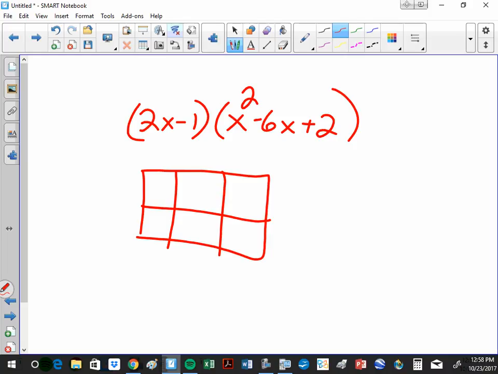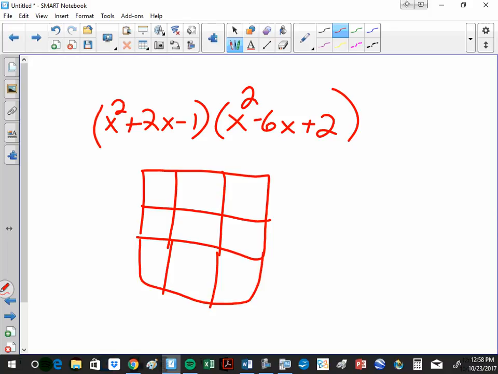No. You'll just multiply them in a different order, but when you simplify, you're going to get the same answer. All right, what if this first one was a trinomial? Now it will be a 3 by 3 box, and when I multiply, these will probably be like terms, and these will be like terms, and these will be like terms. Usually.